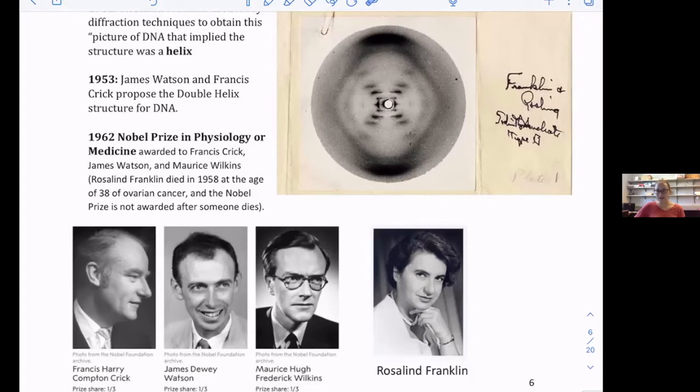You can't get a Nobel Prize after you've passed away. So Rosalind Franklin was the one who didn't get it. It actually made a lot of people angry in the science community, thinking that they should have awarded this earlier and given her a portion of it as well.